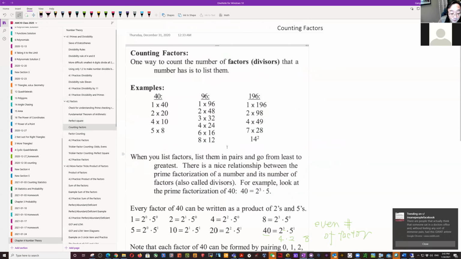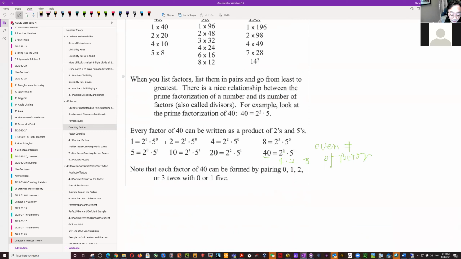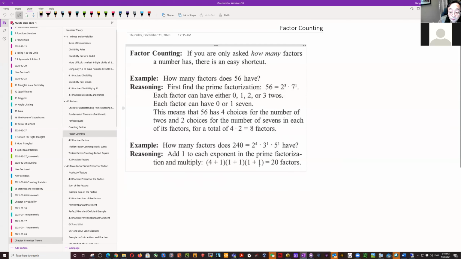So counting the factors: basically we prime factorize first, then for each base we don't care about the base, we just care about the index of each base. We add 1 to each index and multiply these plus-1 indices together, then you will get the total number of factors.